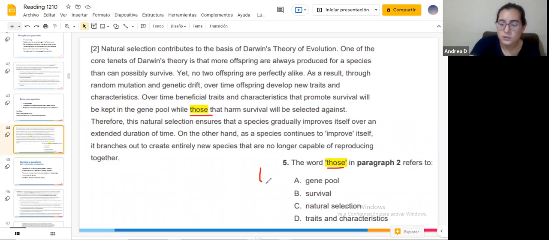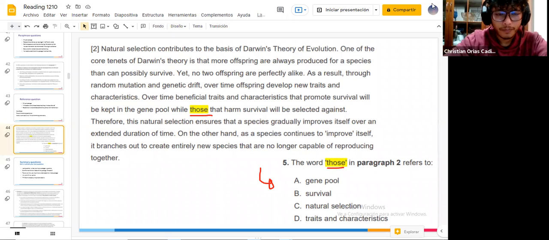So who can read the question? I can. Me. Okay. The word those in paragraph 2 refers to A, gene pool, B, survival, C, natural selection, D, traits and characteristics.